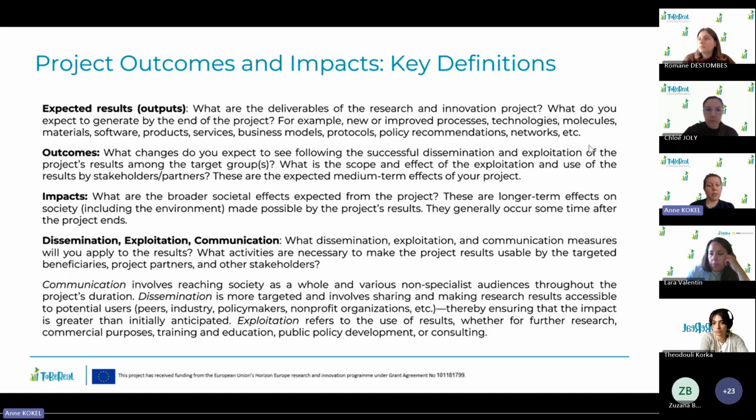It could be new processes, technologies, molecules, materials, software, products, services, and all that. And then the outcomes correspond to the changes you expect to see following the successful dissemination and exploitation of the project's results. So they are the expected medium-term effects of your project, whereas the expected results are the short-term results.